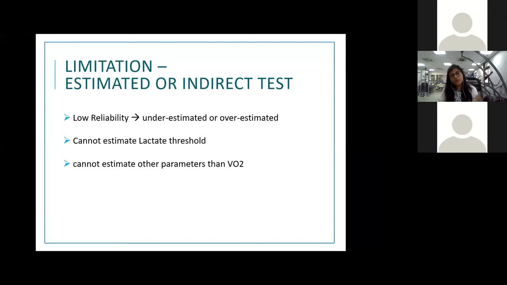Also, all these estimated or indirect ways of testing make a lot of assumptions. A lot of linear relationships are assumed, and based on that the values are predicted. And if the kind or the intensity of exercise varies too much, then the reliability goes down even further.